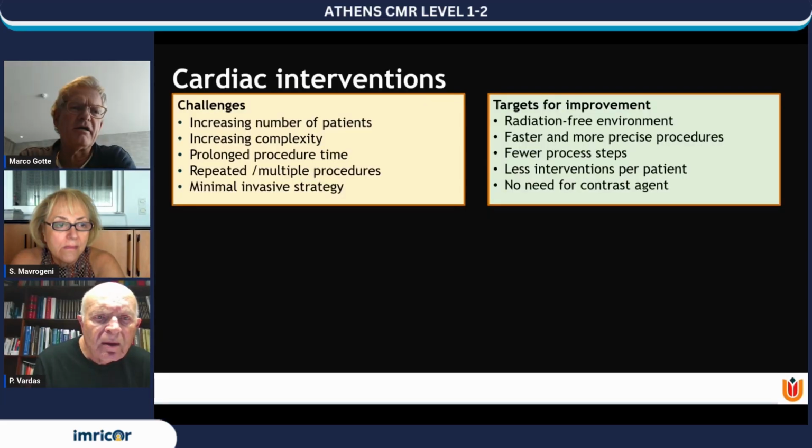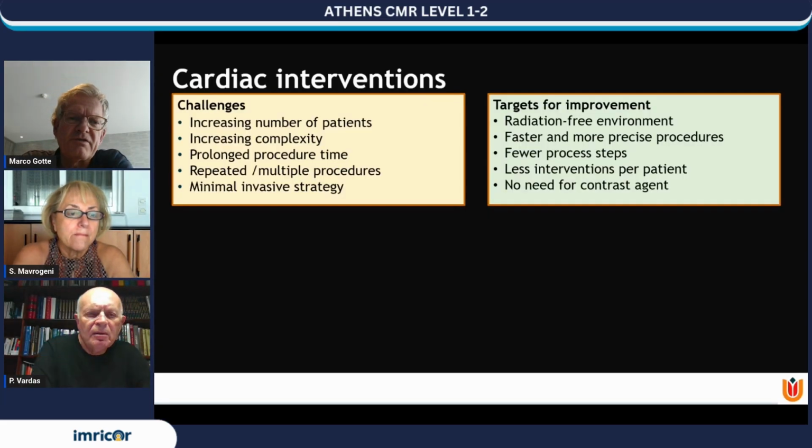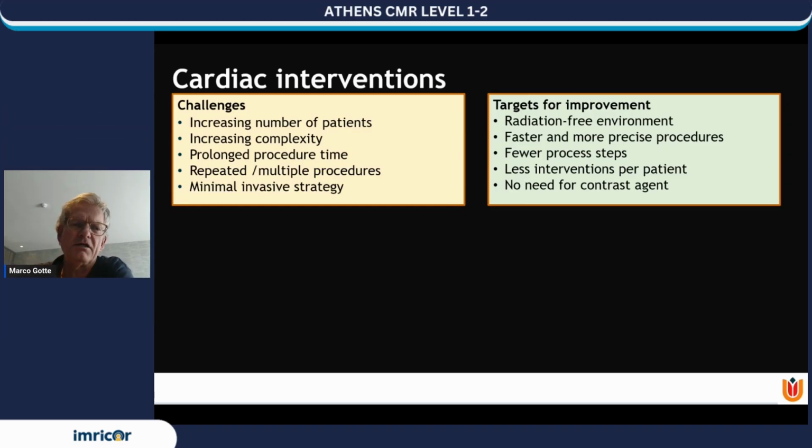So for cardiac interventions, we are confronted with an increasing number of patients with increased complexity, which may prolong procedural time, and sometimes repeated procedures are needed. We need to improve this, preferably in a radiation-free environment, leading to faster and more precise procedures, maybe fewer interventions per patient. We also strive for an imaging strategy with no need for contrast agents.